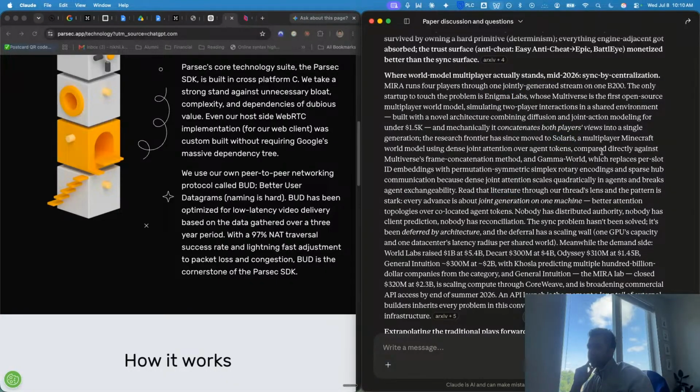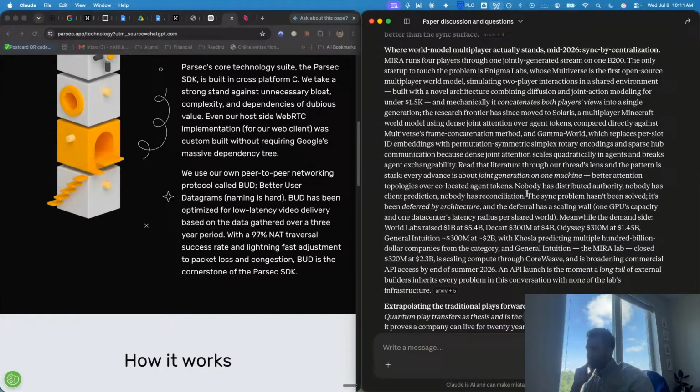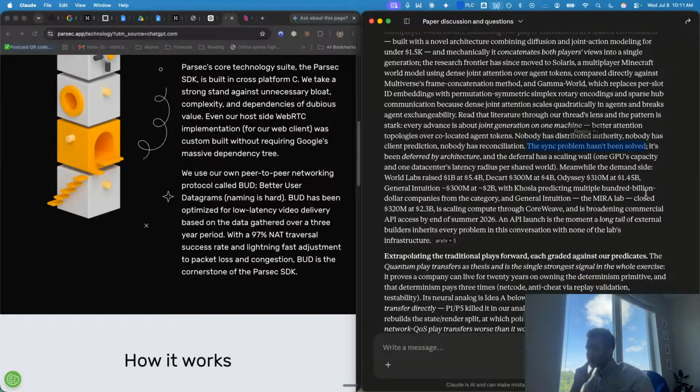So I need to read about those, but from what it's describing, I don't think it's really solving the problem. Yeah, and it acknowledges that the sync problem hasn't been solved. So Claude's kind of being unclear here, I think.